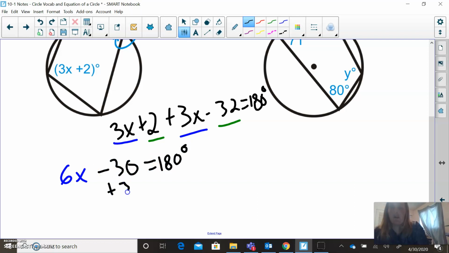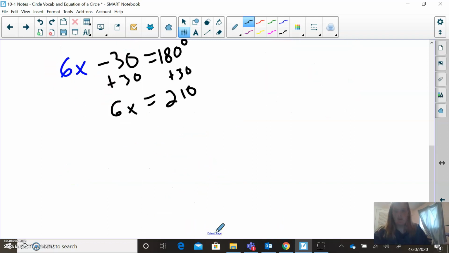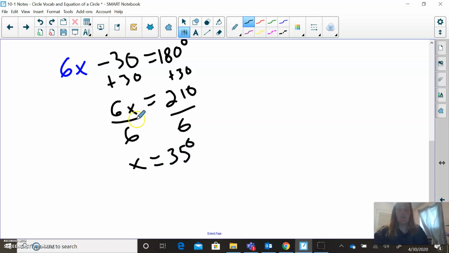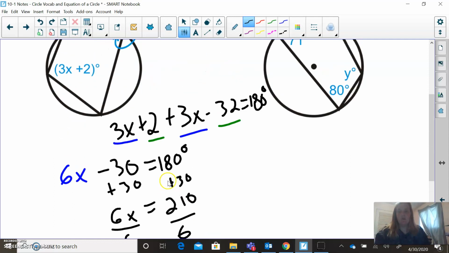And we're going to add 30. And 6x is equal to 210. And then you're going to divide by 6. x is equal to 35.